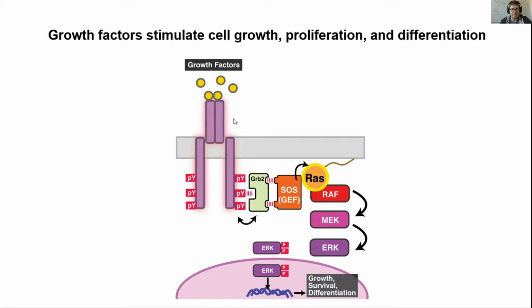You've got growth factors, you've got a receptor, you've got GEFs, you've got a GTPase, you've got a kinase cascade, you've got phospho-ERK, and it's going into the nucleus. And to be honest, when you look at it like this, it can be a little overwhelming to understand what's going on. So what we're going to do is step through the signaling pathway one step at a time so we understand what's going on at each step.